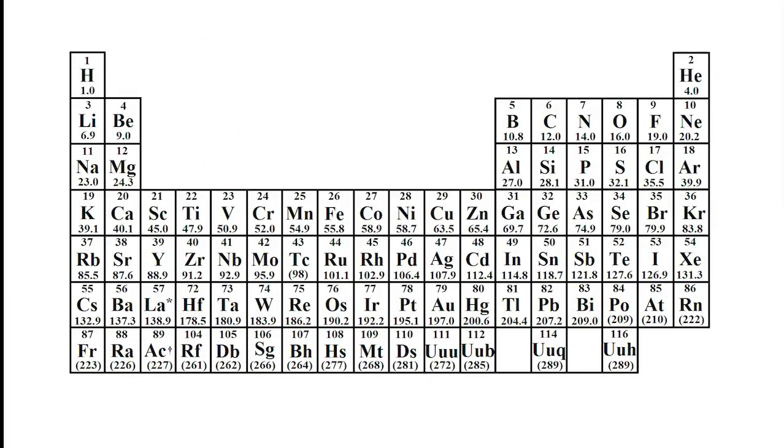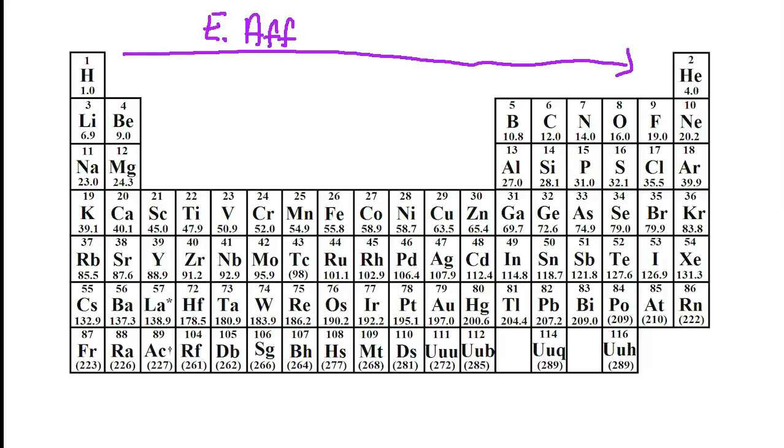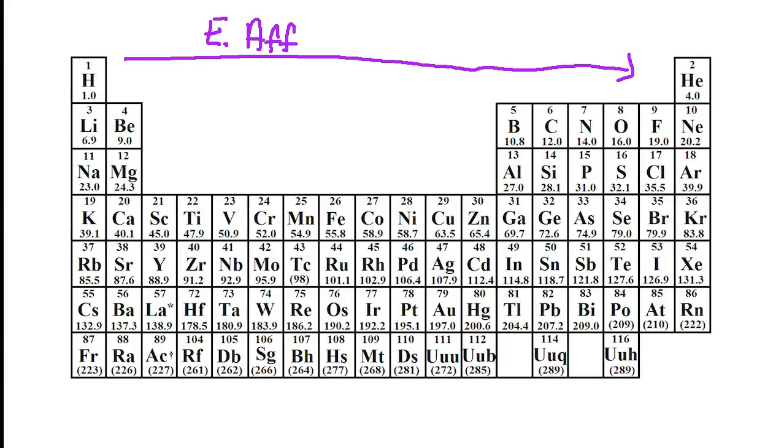Electron affinity is going to have another similar trend to the one we've been seeing, in which electron affinity is going to increase as we go across the periodic table. Electron affinity is also going to decrease as you're going down the table.